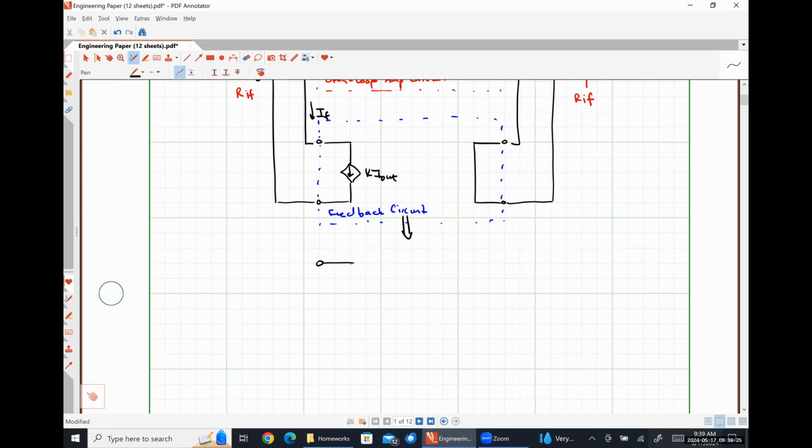We would have our input resistance RIF, AF, IS, where this is just our input signal current, ROF, like so.